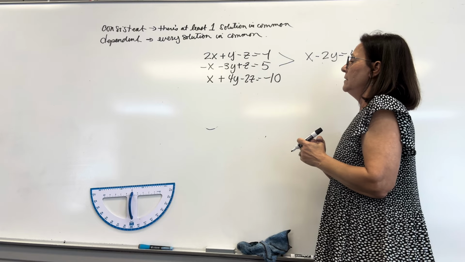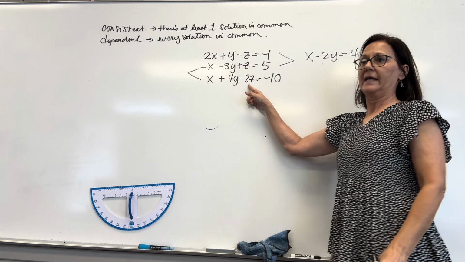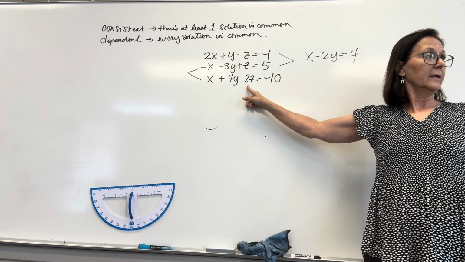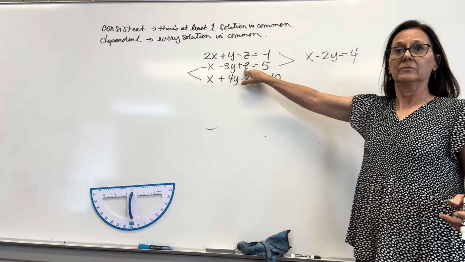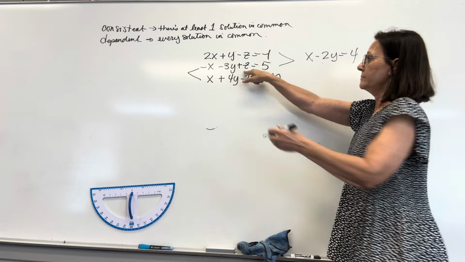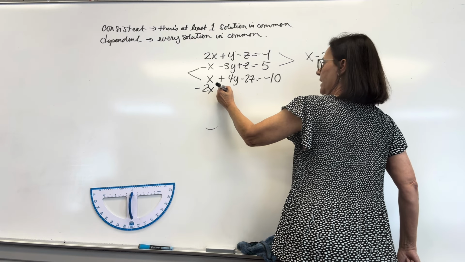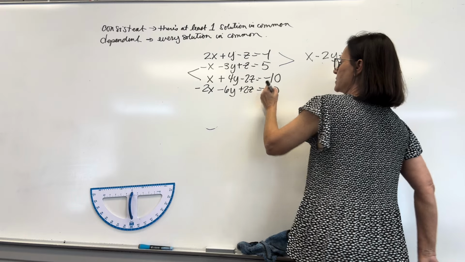Now, I think I want to use these two to eliminate z. I have to eliminate the same one, but I'm going to do that by multiplying this one by 2. Got it? So we end up with negative 2x minus 6y plus 2z equals 10.